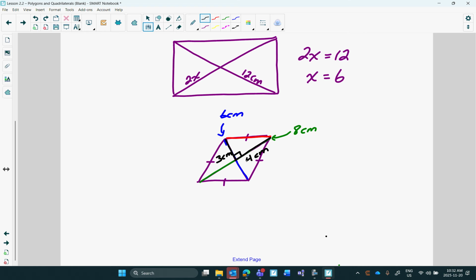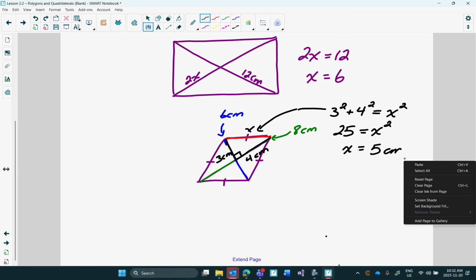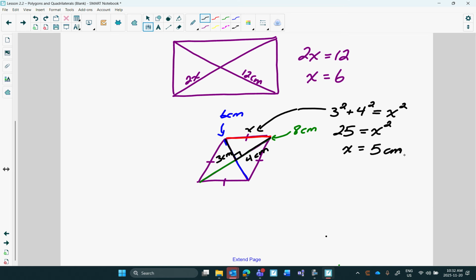We have to use Pythagoras. 3 squared plus 4 squared is equal to x squared. That means 25 is equal to x squared. X is 5 centimeters. Or if you just recognize it as a triple, that's fine.